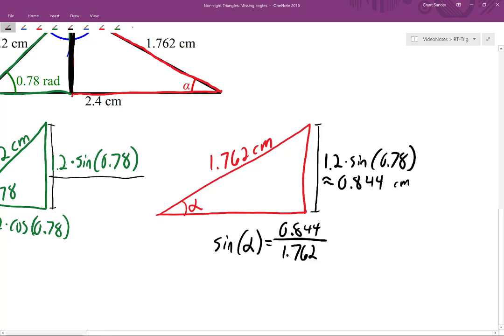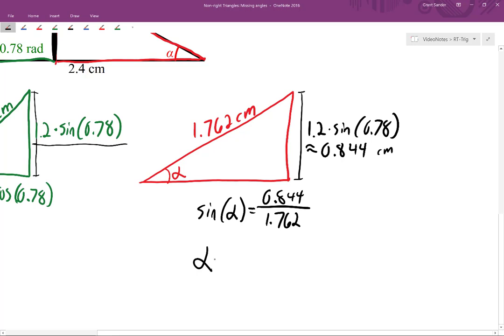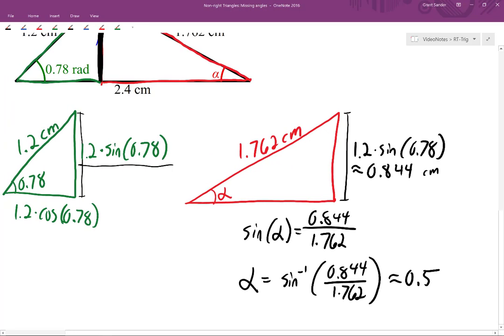So it's the vertical side length measured in hypotenuse length. And therefore, alpha is equal to sine inverse of 0.844 divided by 1.762. And that has a value of about 0.5. So we can say that alpha is about 0.5 radians.